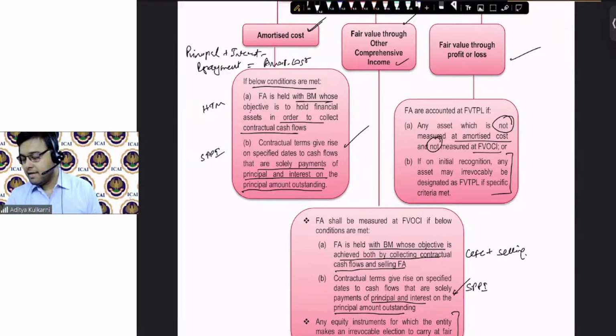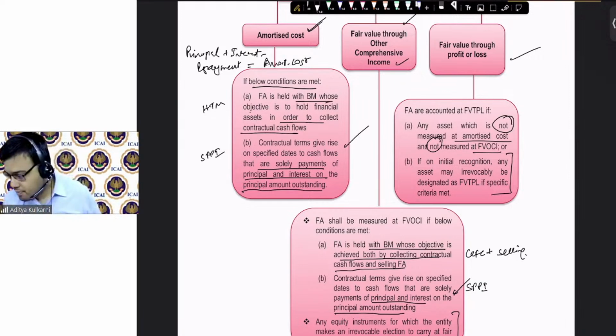Anybody, any doubts? No doubts? Namrata, Jahnavi, Tushar, Viraj. No doubts. Okay. Yes. All clear, everyone?